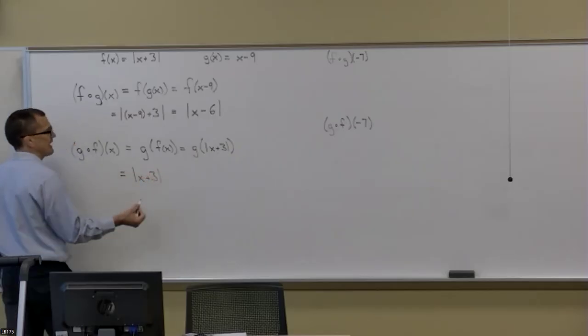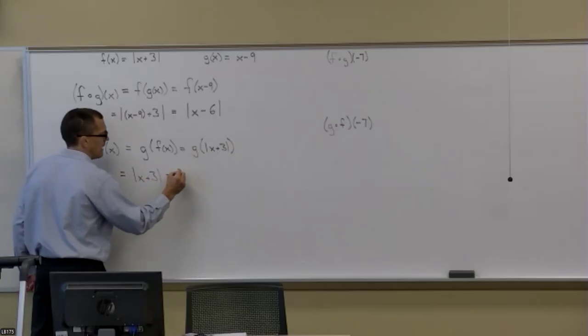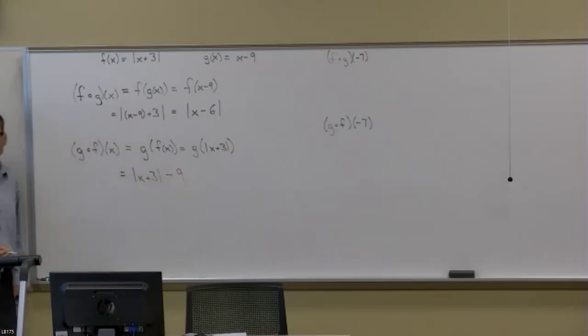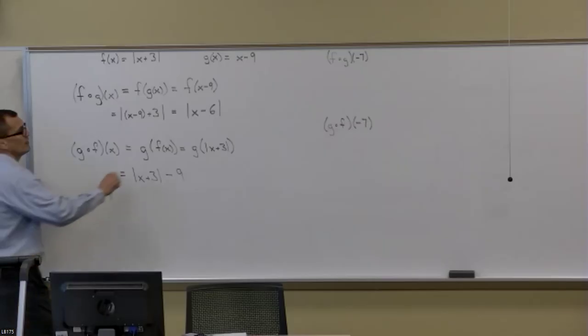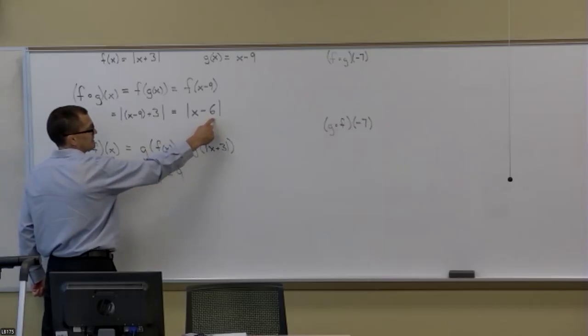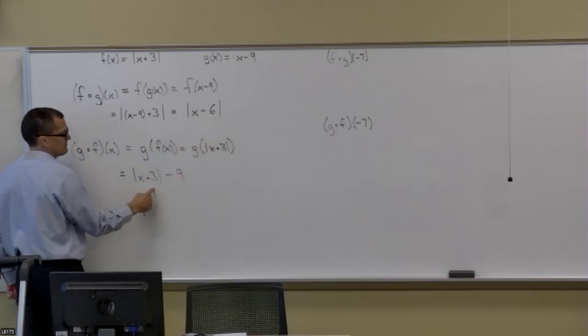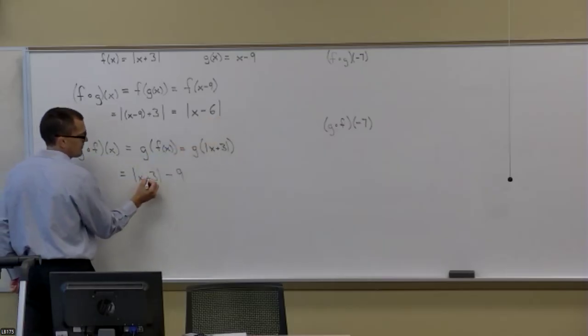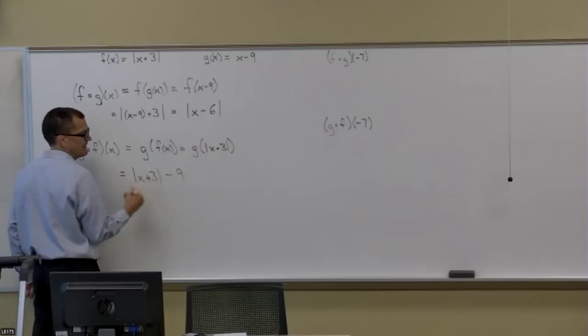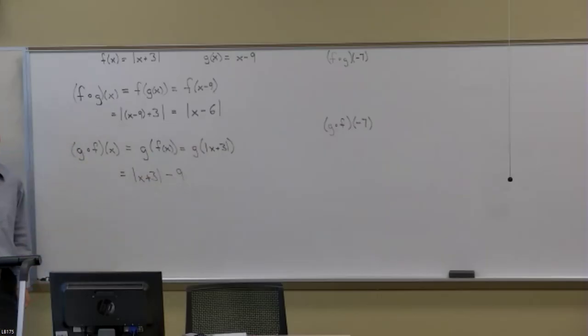And then outside of the absolute value, I would subtract 9. So both of these are absolute value functions, but this one would have been shifted to the right 6 units. This one would have been shifted left 3 units and then down 9 units. We're talking transformations.